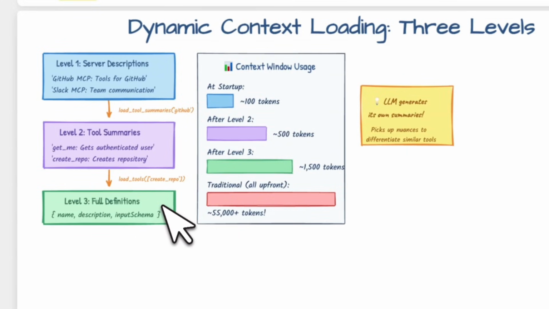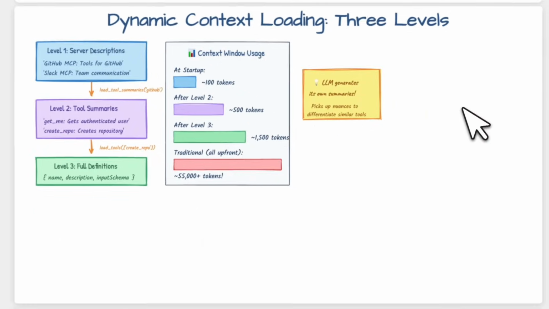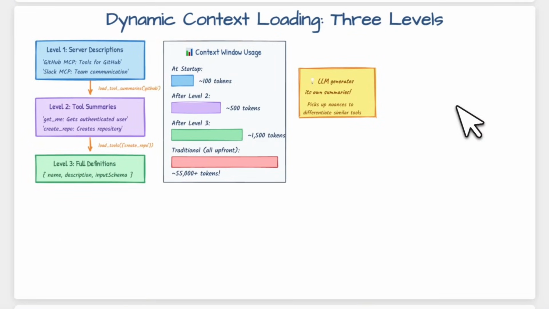And the third level is when it actually sees the name, description, and what is the input schema of a specific tool. This approach can not only save you the number of tokens, but also can help you make sure that the context window itself is pretty clean and it only has useful information.